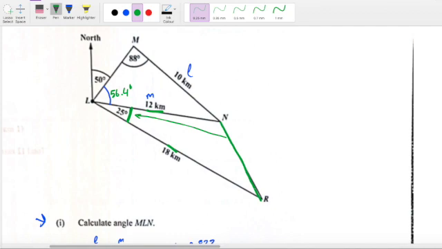So if we call this 25, let's call this the angle L now, because it's at the point L. So the 25 will be the angle L now. And that means that for this shape here, this will be the side l now.